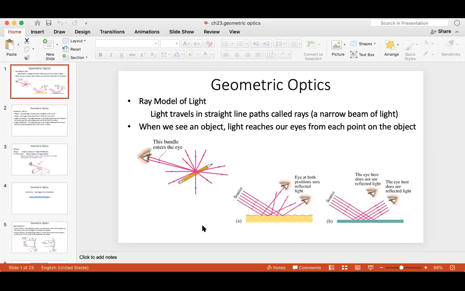Therefore, the reflections off of that surface go in all kinds of different directions. That's why we can all see the desk, or whatever it is that we're looking at, right? Because when the light reflects off of the surface of something, it reflects in every different direction.